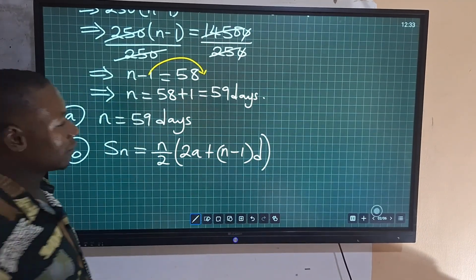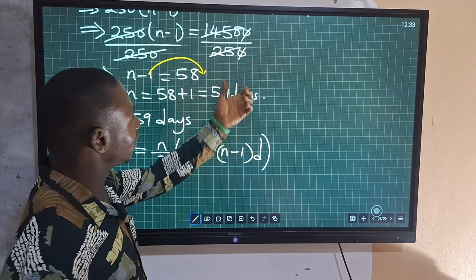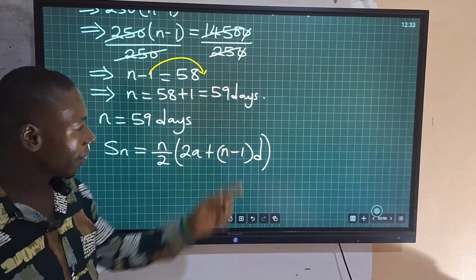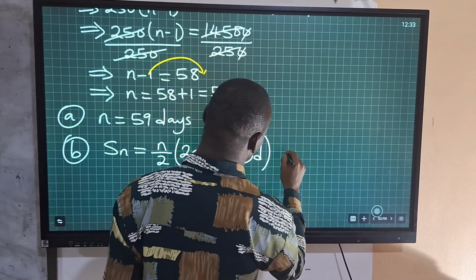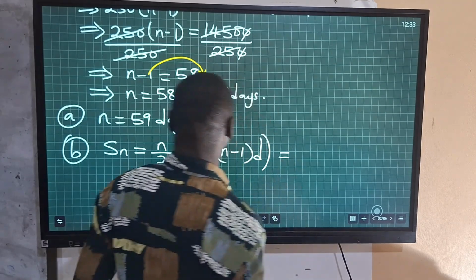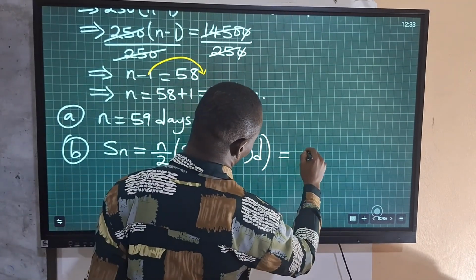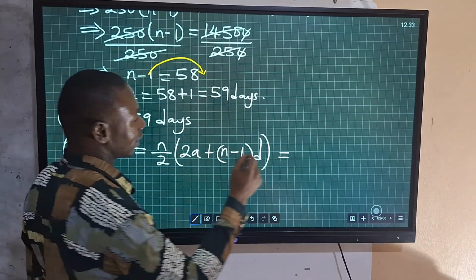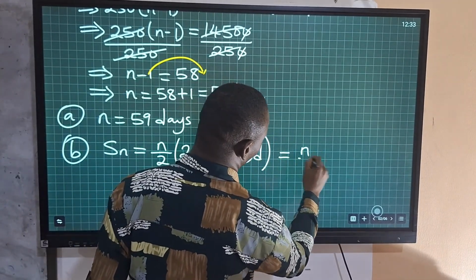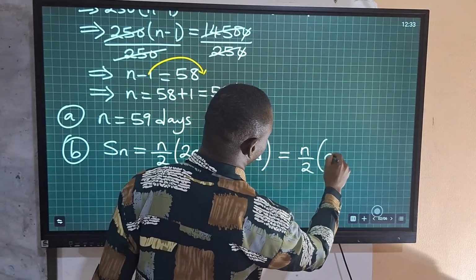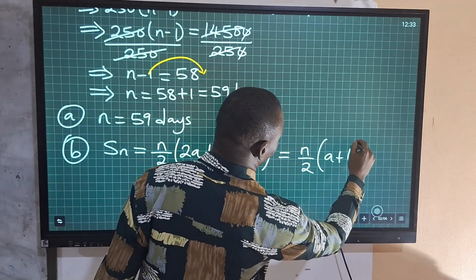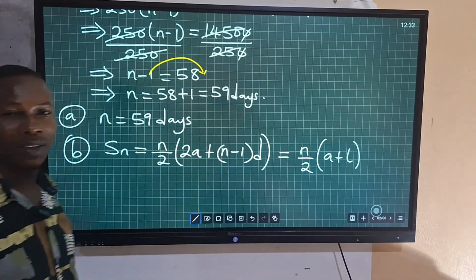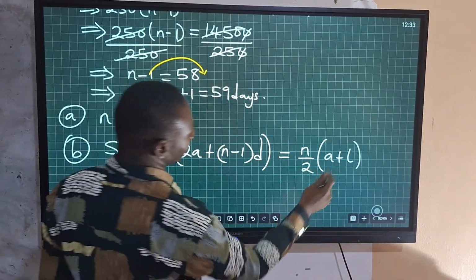But you can still use this formula if the last term is given, but fortunately for us, the last term is known. So if the last term is given, you can use this as your sum of first n terms: n over 2 into bracket a plus l. l is the last term. Surprising, right?